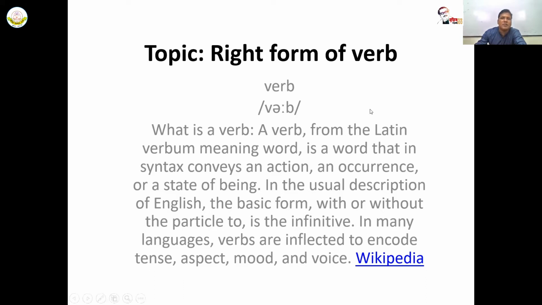This is the definition from Wikipedia. In our textbooks or a variety of books in our country, in an easy way, a verb is a doing word. A verb is the main part of a sentence that conveys the semantic meaning.